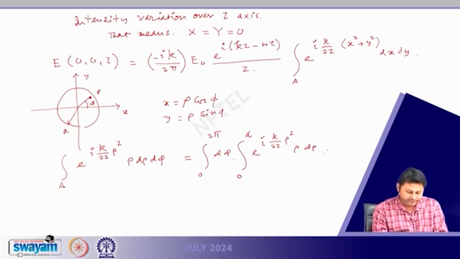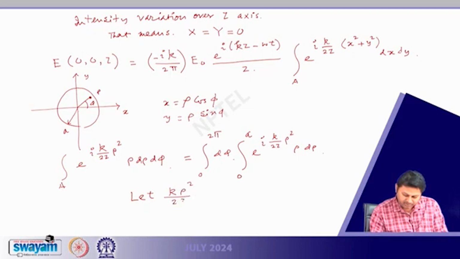Now this first term is simple, it is simply 2 pi, but this I can simplify by taking k rho square divided by 2z as some new variable, say q.